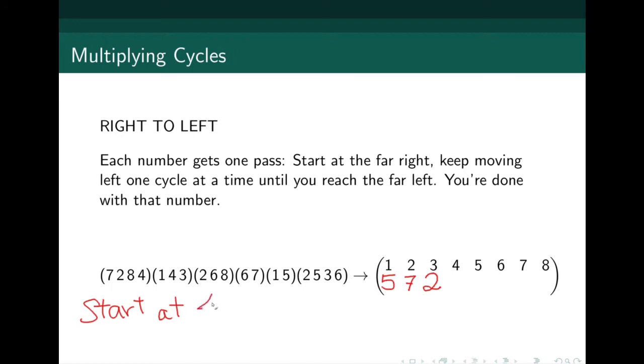Next, we'll consider what happens to the 4. Nothing happens to 4 here, no 4 here, no 4 here. Finally, we find a 4, and it goes to 3. And then nothing happens to the 3. So 4 ends up at 3.